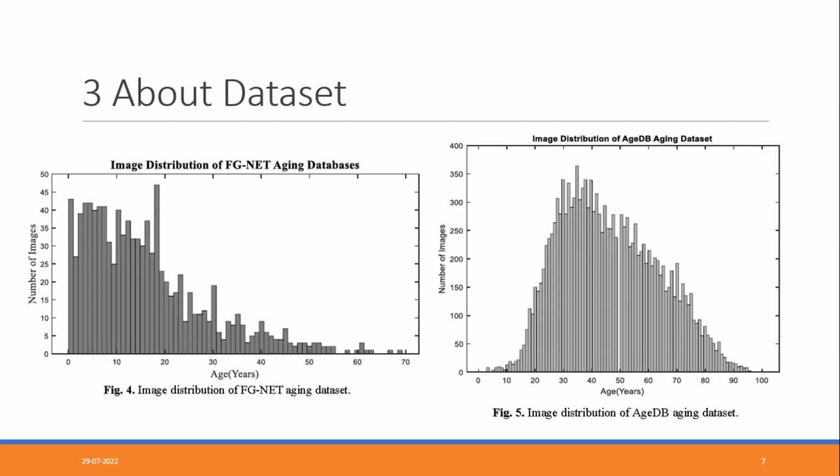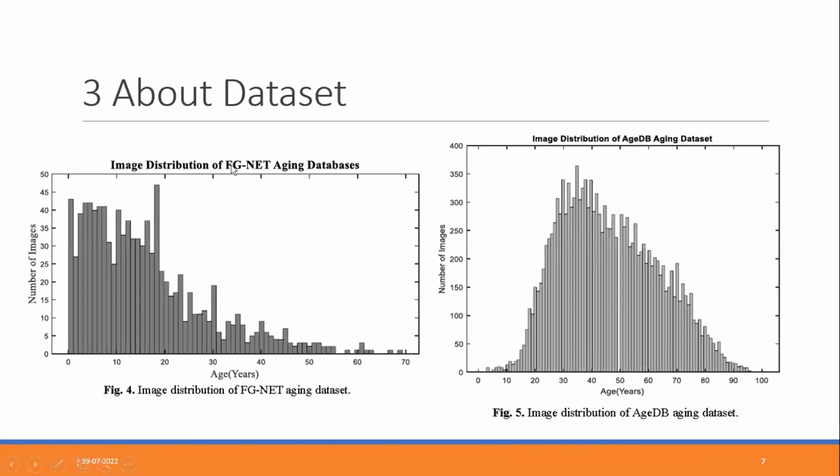Here is the distribution curve for both data sets which I have used. The distribution curve gives you an idea of the variety of ages available in the images.